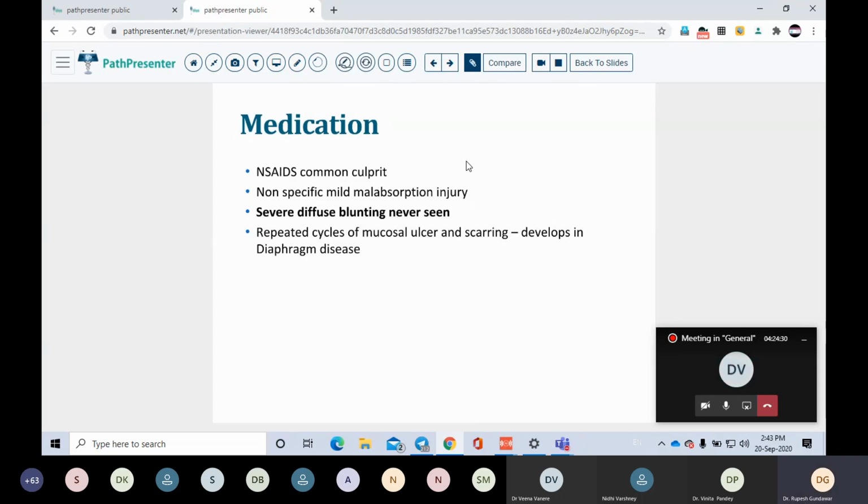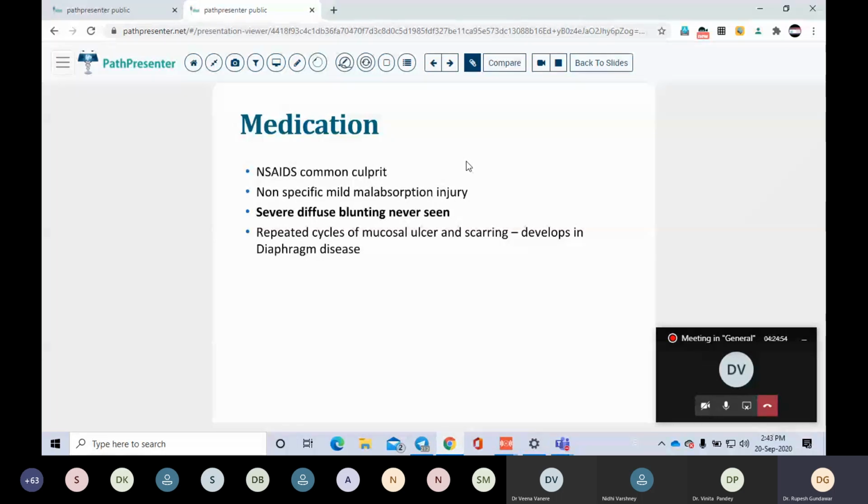A few of the conditions where a malabsorption pattern can be seen: medication, and in medication, NSAIDs are the most common culprit. It is said that if you cannot give a probable etiology, you can every time blame NSAIDs for the malabsorption, because they show a non-specific mild injury.